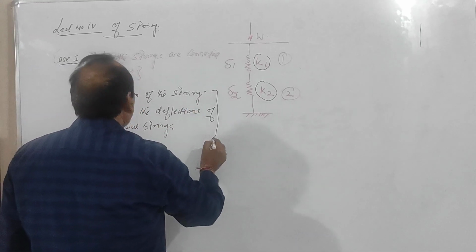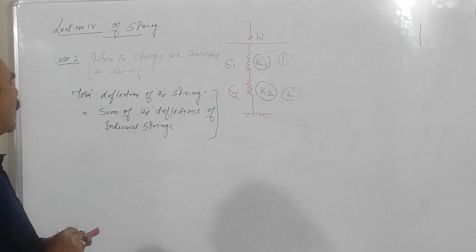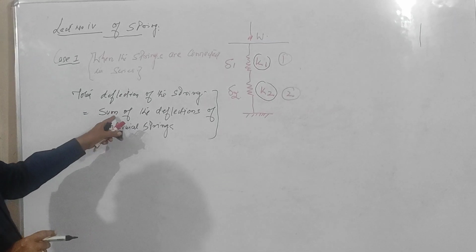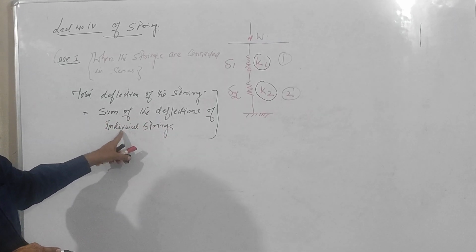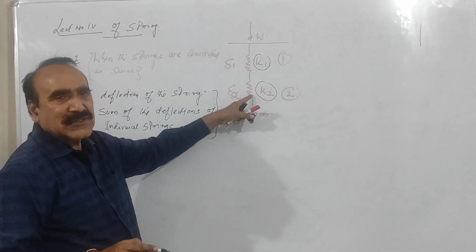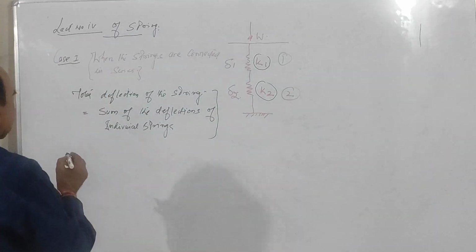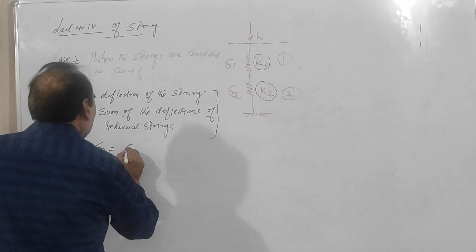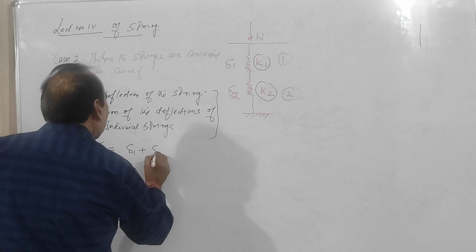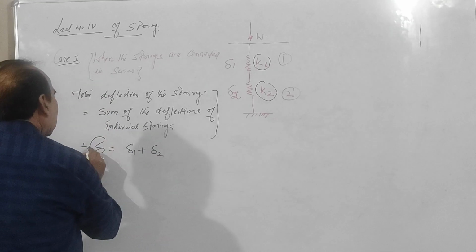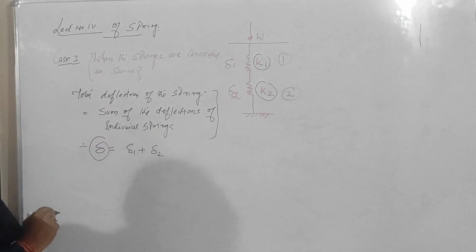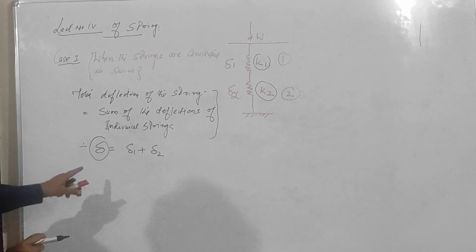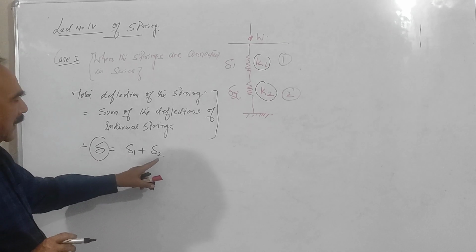So the total deflection will be equal to the sum of the deflections of the individual springs. Therefore, delta is equal to delta 1 plus delta 2, where delta is the total deflection of the spring.